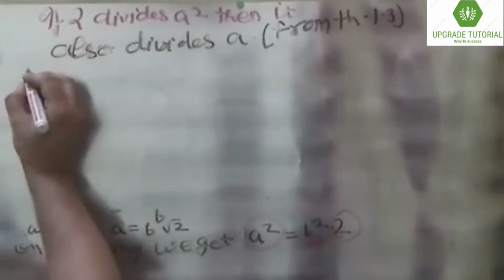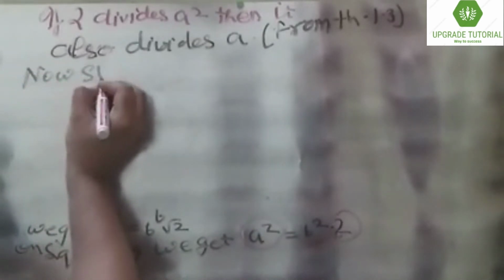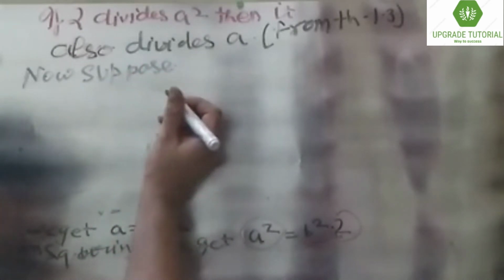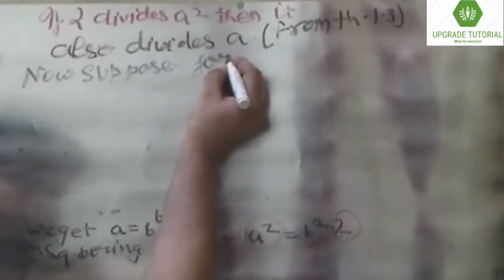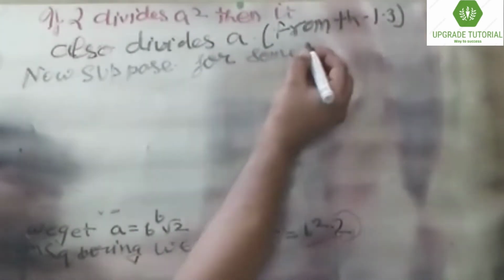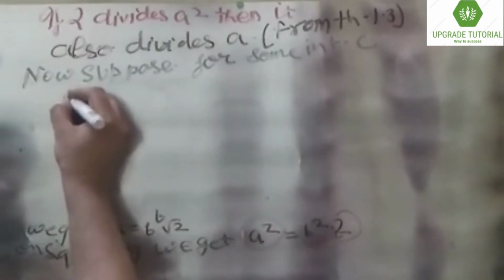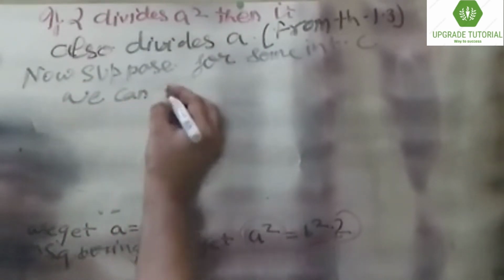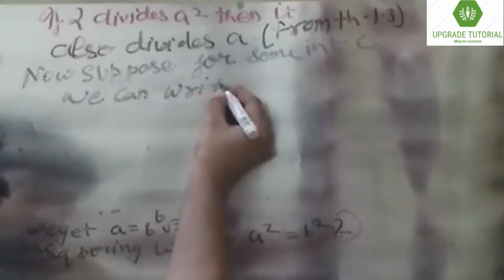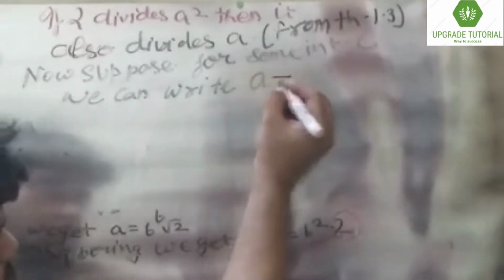Now suppose, for some integer c, we can write a equal to 2c.